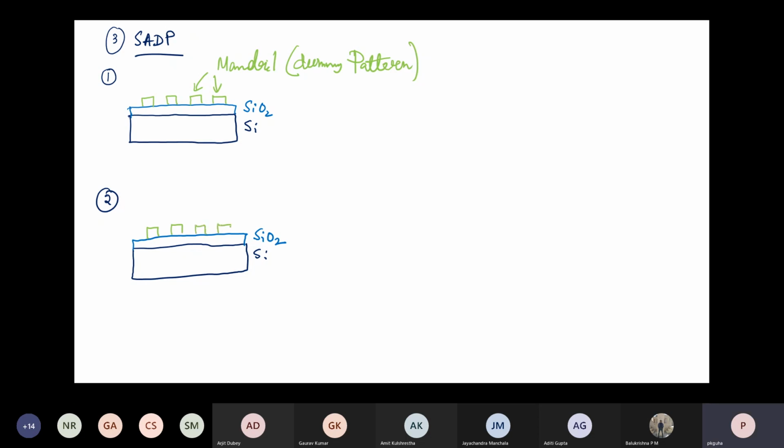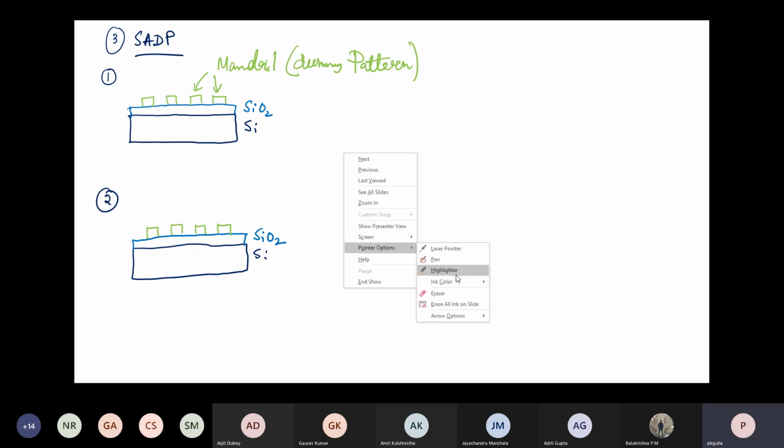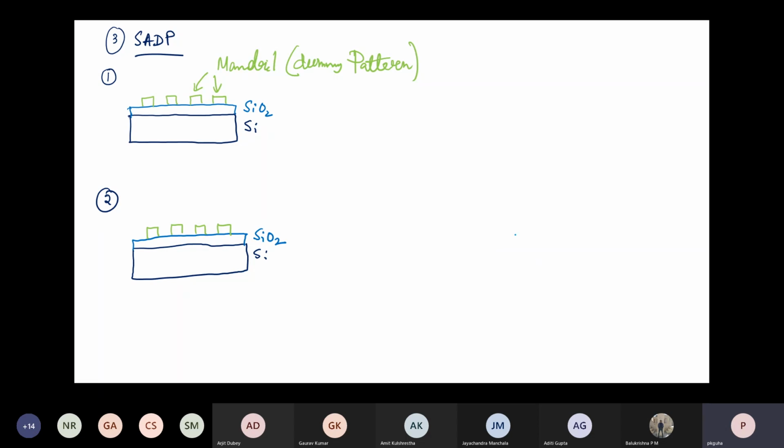This is my mandrel or dummy pattern layer. On top of this mandrel, I have deposited a conformal layer of silicon nitride. Which one is silicon nitride? This one. So this is my conformal layer of silicon nitride.